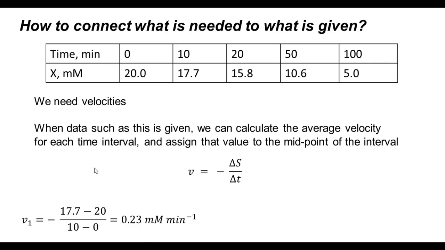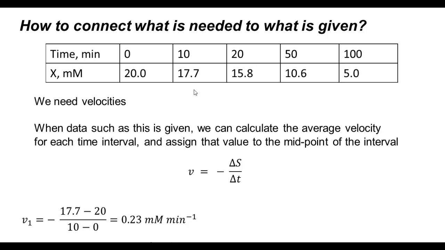So we need to assign it to the midpoint of 0 and 10, which we saw was 5 minutes. At t equals 5 minutes, the substrate concentration, if we assume that it varies linearly in this time interval, is an assumption that turns out to be good if we have closely spaced points. Let us see, this will be some sort of an estimate here.